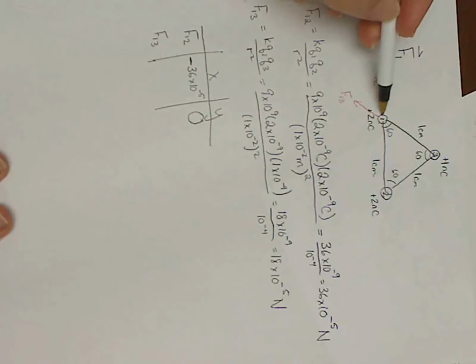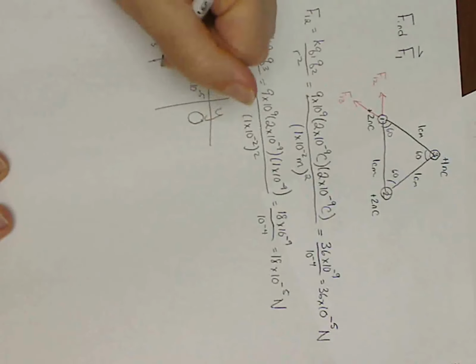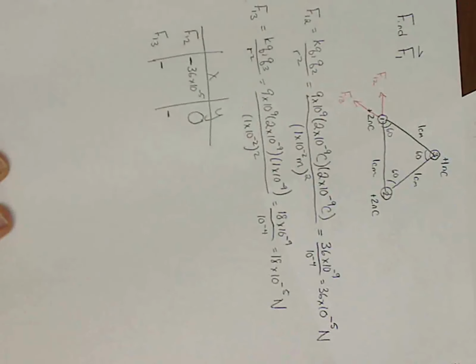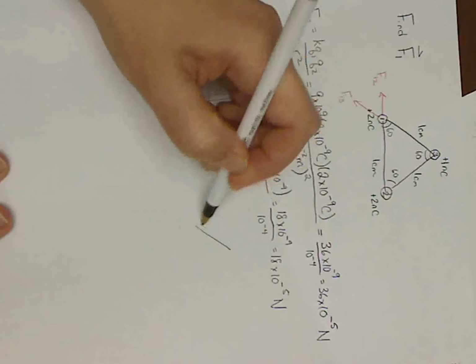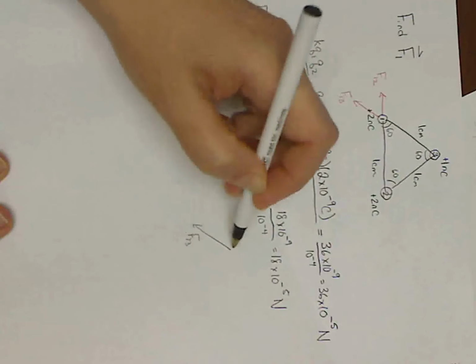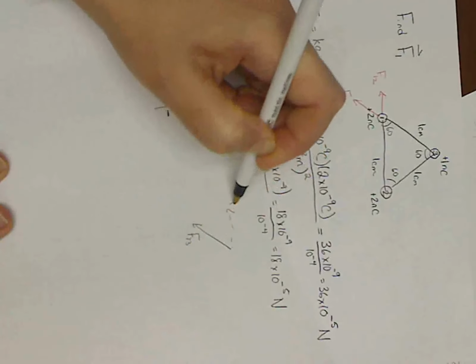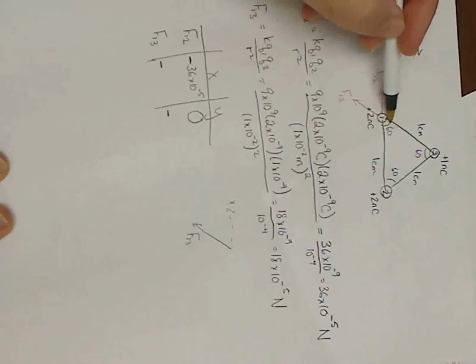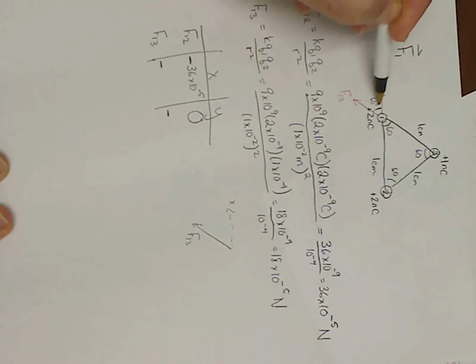Okay, how about F13? Now F13 is going back in the X direction and down in the Y direction, so both of those are going to be negative. What are their components? Well, I've got to figure out what the triangle looks like. So here's F13. Here's my x-axis. And this angle is 60 degrees, so this angle, which is opposite to it, is also 60 degrees.